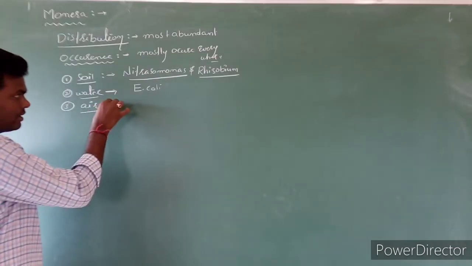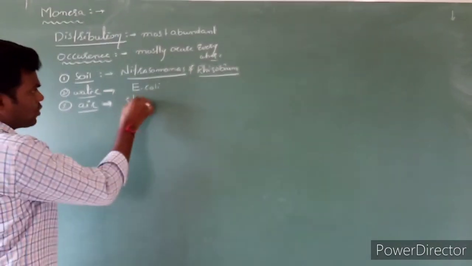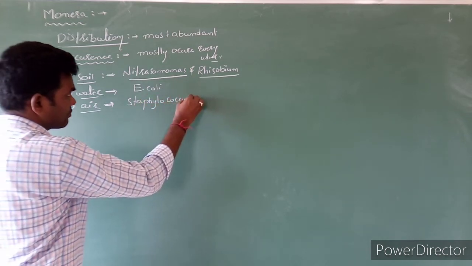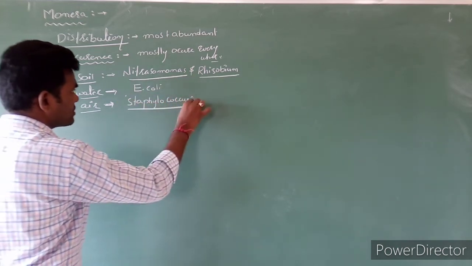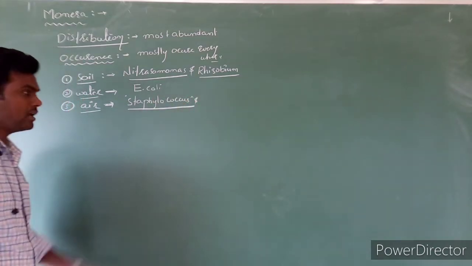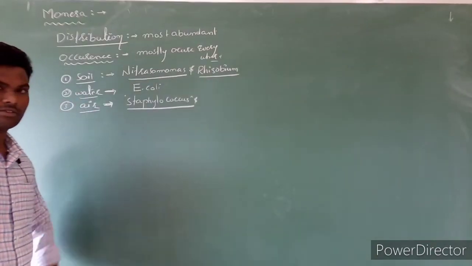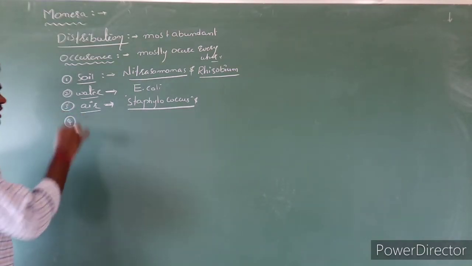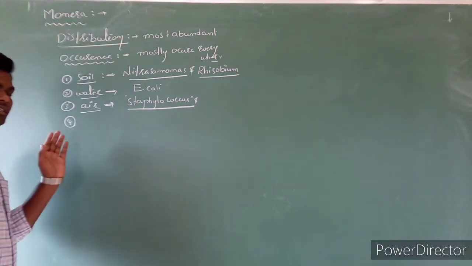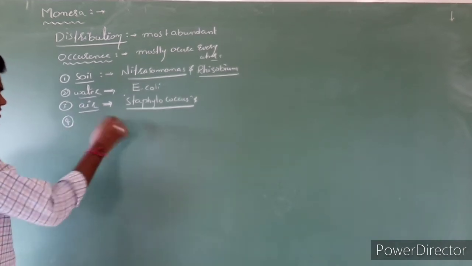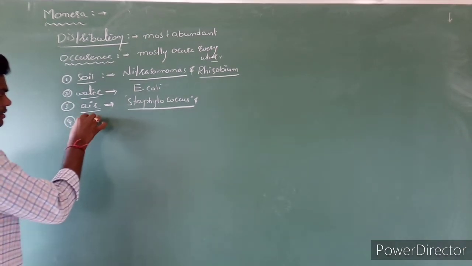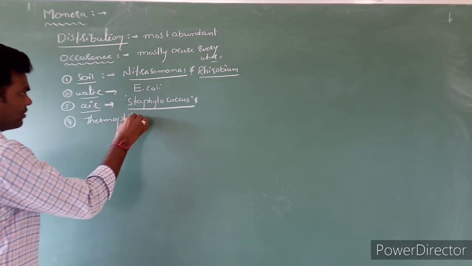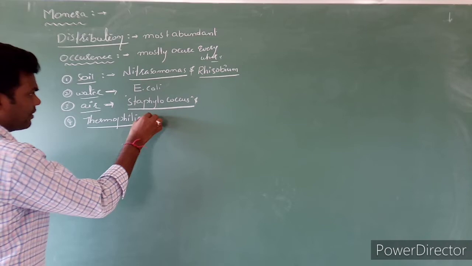In air, Staphylococcus is a bacterium that occurs in air. And some of the bacteria have the capacity to survive at high temperature also. Such bacteria we call thermophilic bacteria.